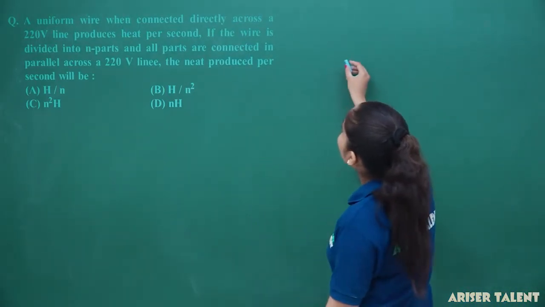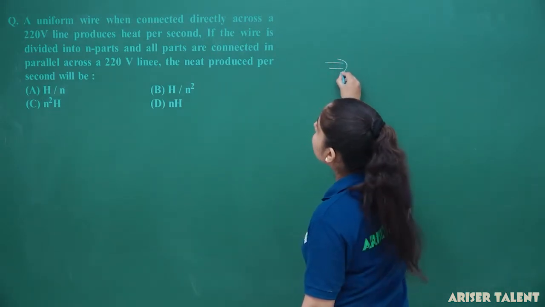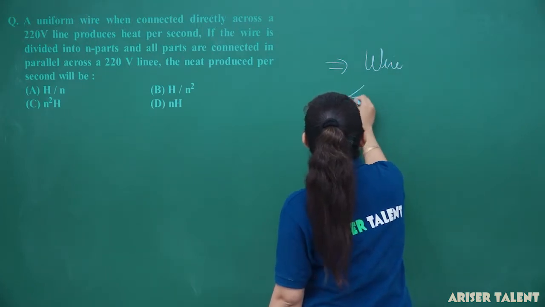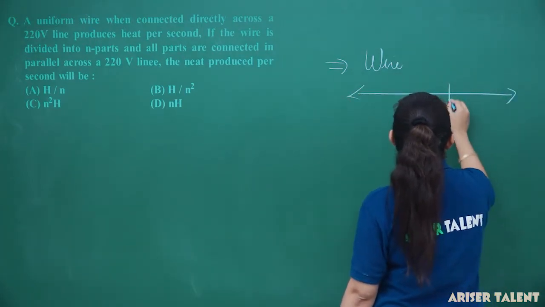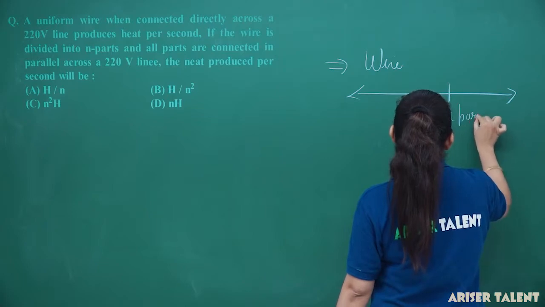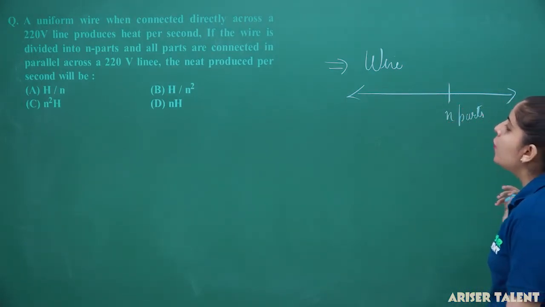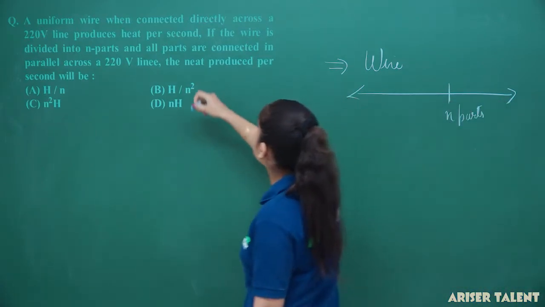So you are given a wire of uniform length and divided into 2 parts. A wire is divided into n parts, and this is a 220 volt line. You have to calculate the heat produced per second.